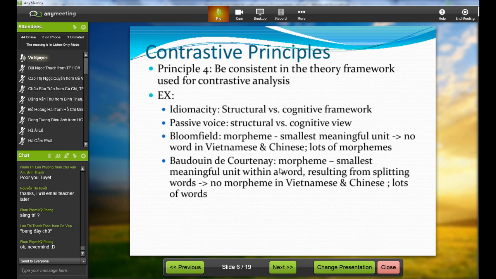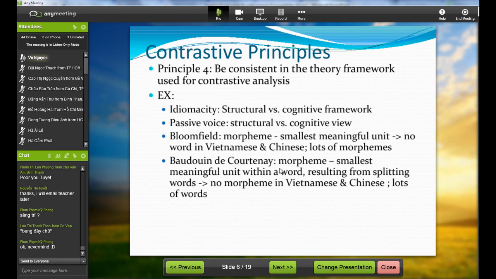When we analyze idioms, for example, you will see that the structural framework and the cognitive frameworks have very different viewpoints about the natures of idiomaticity.